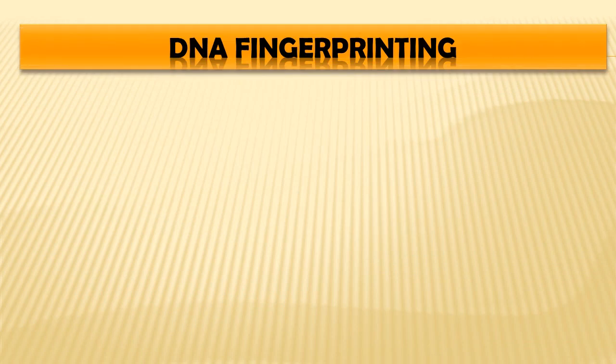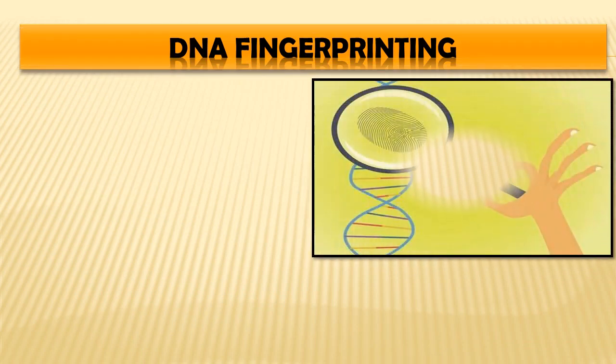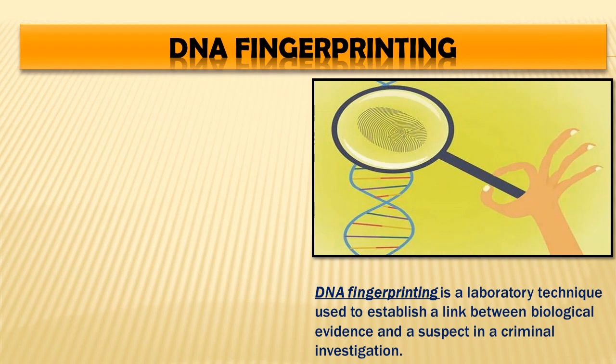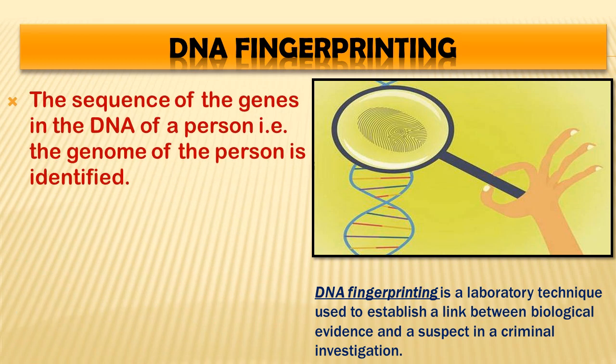Now next we have DNA fingerprinting. So what is that? DNA fingerprinting is a laboratory technique used to establish a link between biological evidence and a suspect in a criminal investigation. In this technique, a DNA sample is taken from a crime scene, and that DNA sample is compared with the suspect's DNA sample, just to investigate the criminal situation.